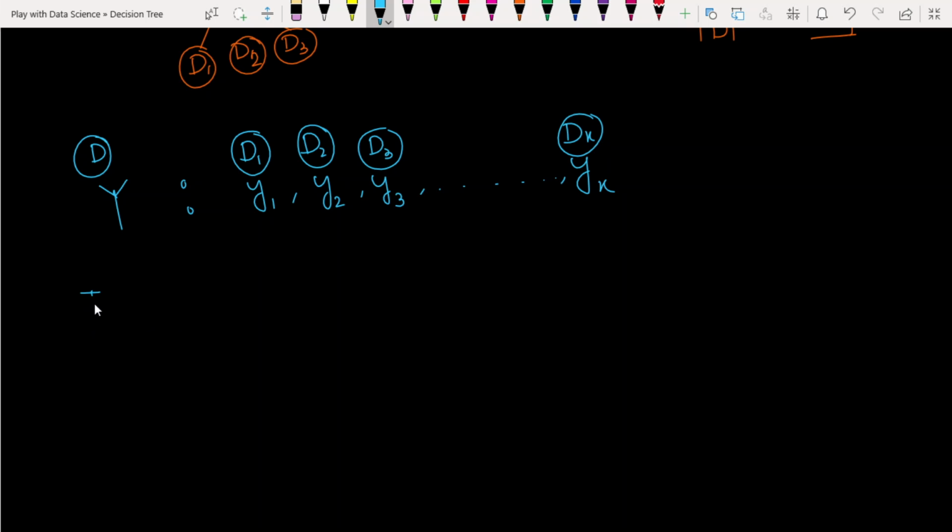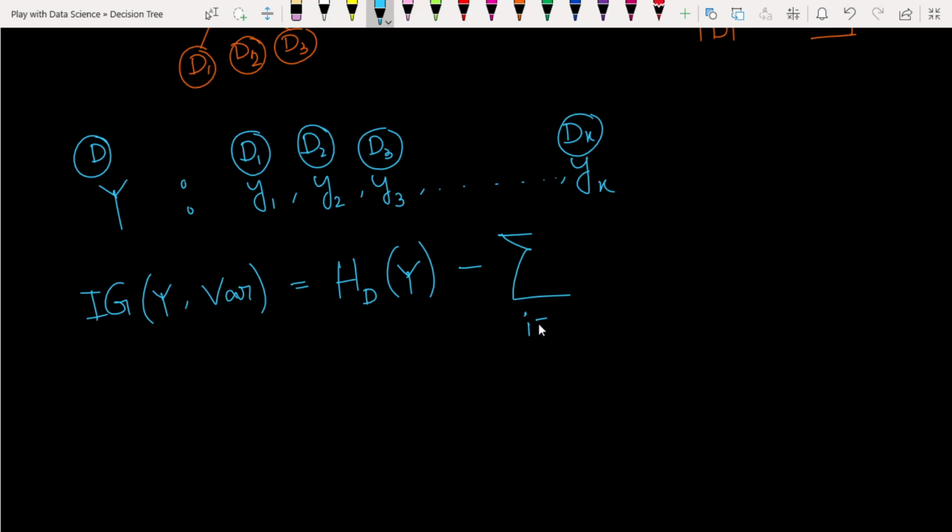Then the information gain for the random variable y is the entropy of the parent node minus the summation over i equals 1 to k of the weighted size of Di divided by the size of D, into its entropy value.